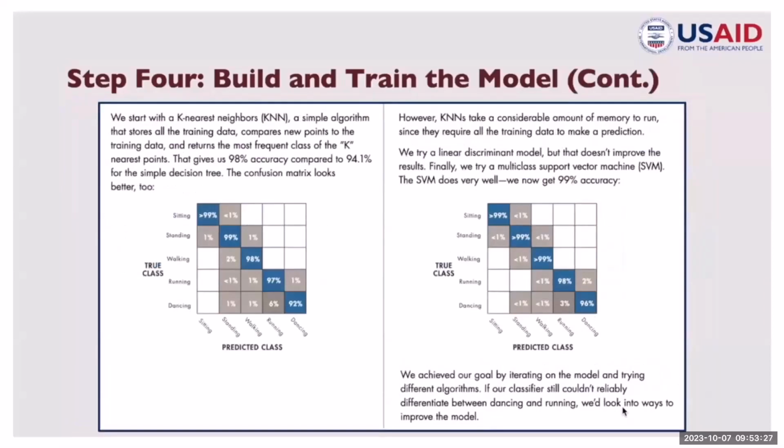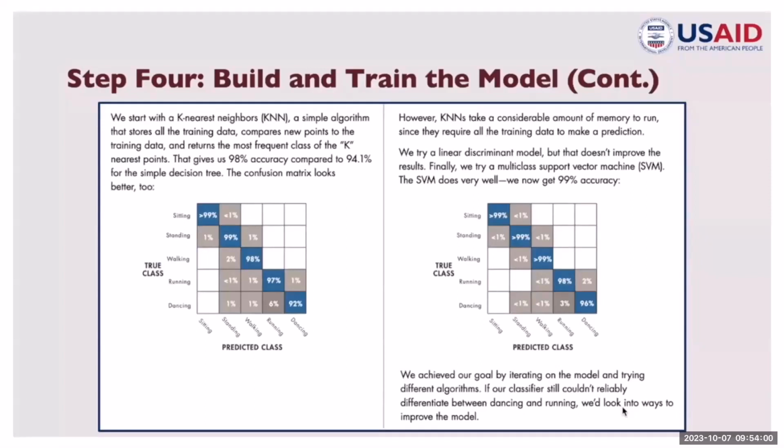This time, we use a different one, which is the KNN, or the K nearest neighbor. It is another simple algorithm that stores all the training data, compares new points to the training data, and returns the most frequent class of the K nearest points. Basically, it uses the distance formula to calculate the nearest points depending on the given K value.